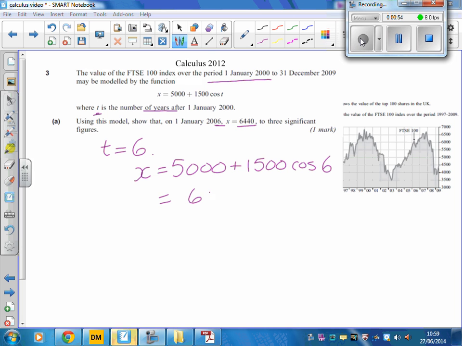That gives us 6,440.25, and by putting more accuracy than 6,440, I've shown the examiner I have used my calculator, so that makes them happy. And finally, I would then round to my 3 significant figures.